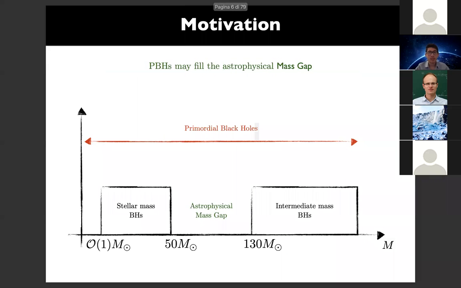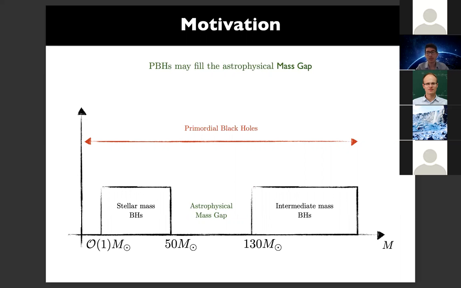And the interest in primordial black holes also arises because they can help in filling the so-called astrophysical mass gap, since we know that there is a sort of gap predicted by the theory for astrophysical black holes between 50 and 130 solar masses, which arises because if a star is massive enough, basically there may be a production of electron-positron pairs which reduce the pressure inside the star, which starts collapsing.